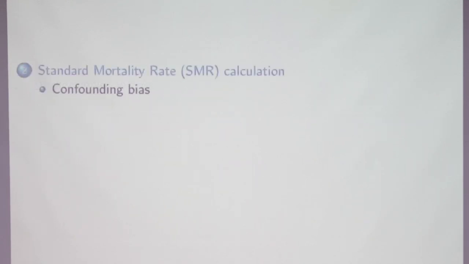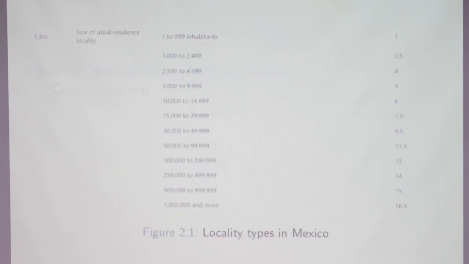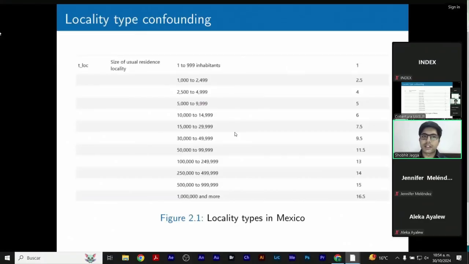Before moving to the model, I will discuss the confounding bias of locality types in a municipality that is present in our dataset. So, health studies typically check age standardized mortality rates instead of crude mortality rates of a population, since age distribution of a population confounds with the number of deaths.